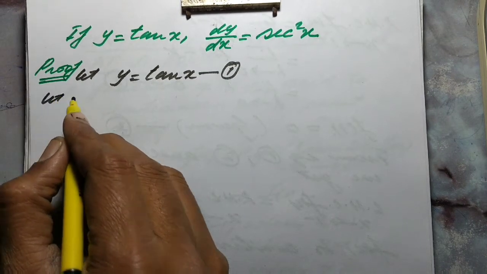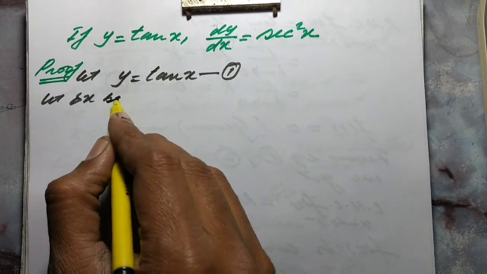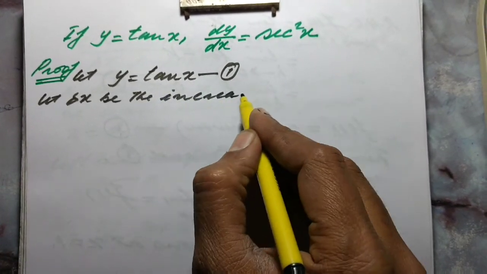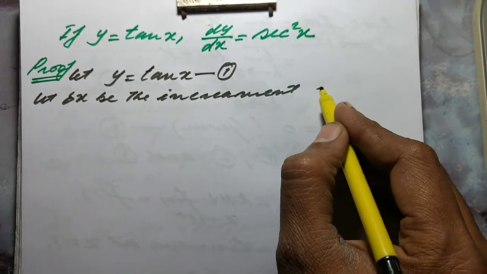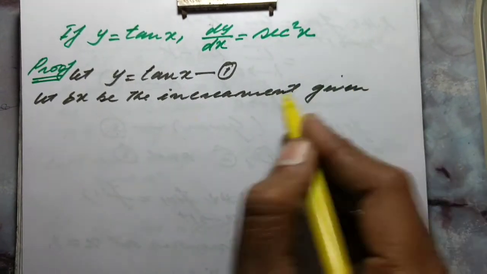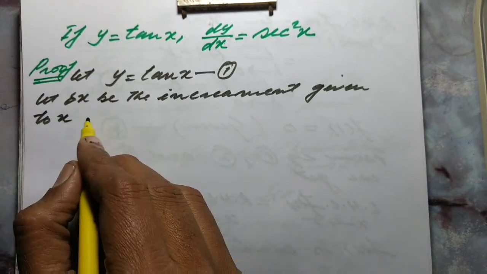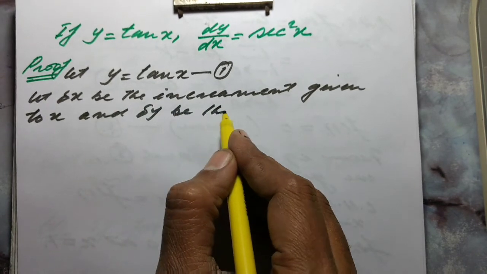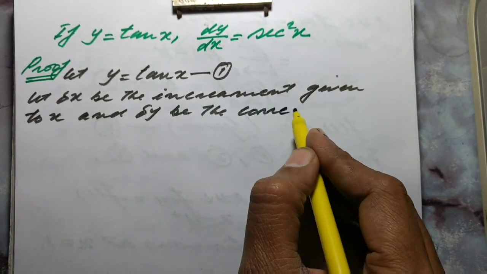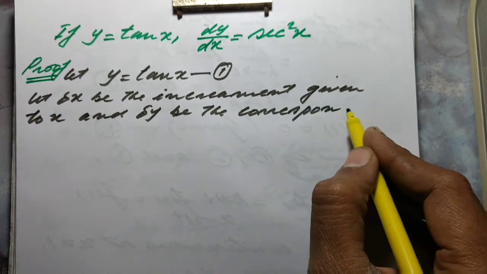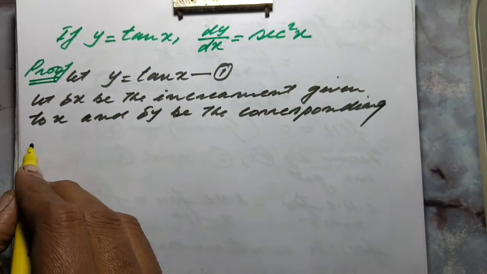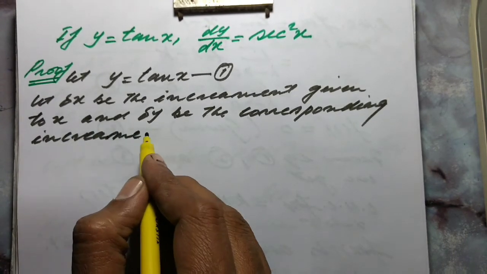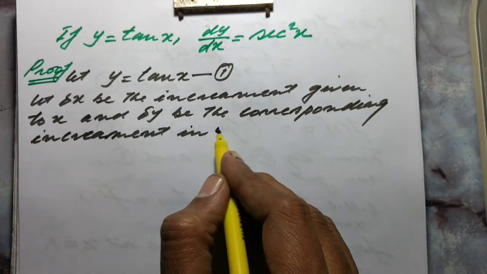Now let delta x be the increment given to x and delta y be the corresponding increment in y.